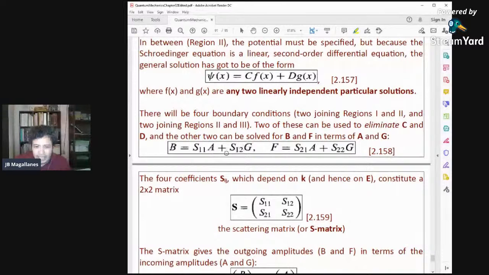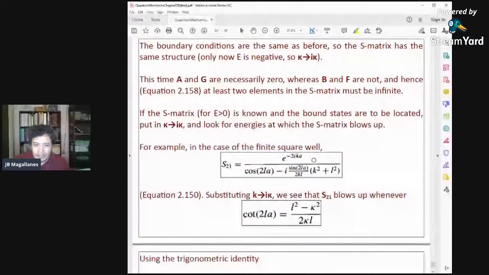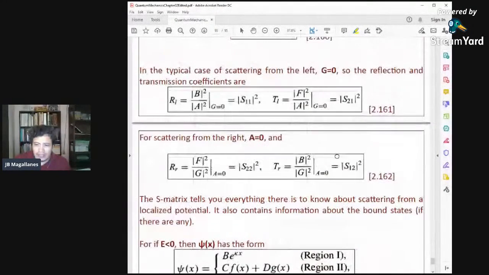Either A is 0, then you have G, or G is 0, then you have A. So for example, for the finite square well, this is the S21. What is S21? This is F over A.